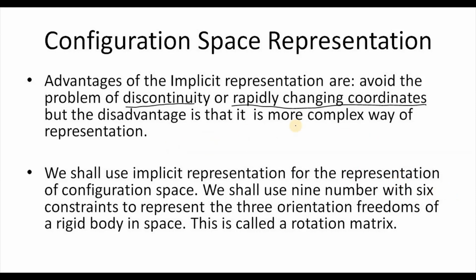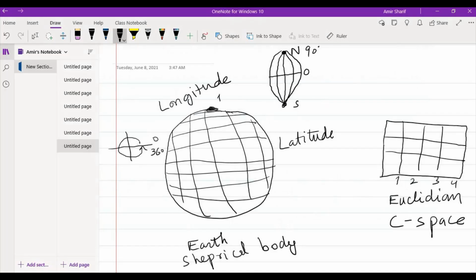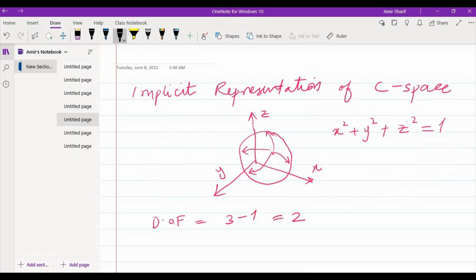If you see the implicit representation here, this type of representation of configuration space doesn't have any discontinuity because the coordinates are not explicit.